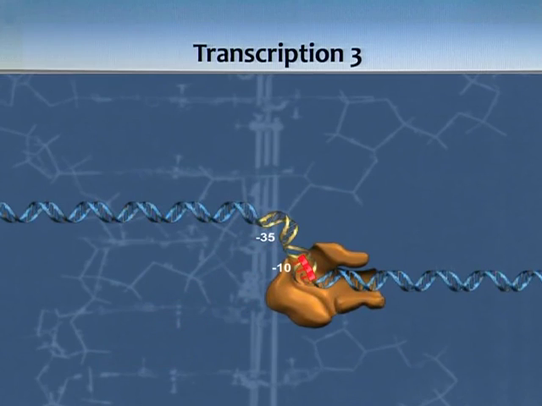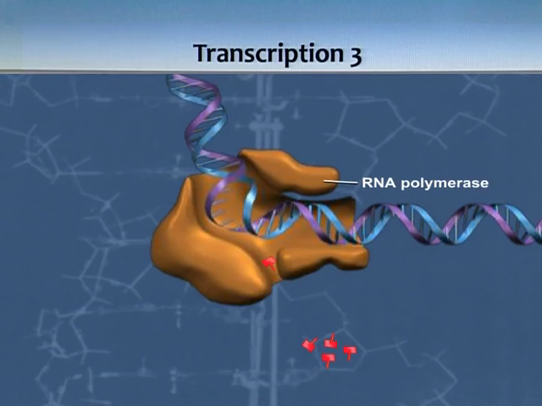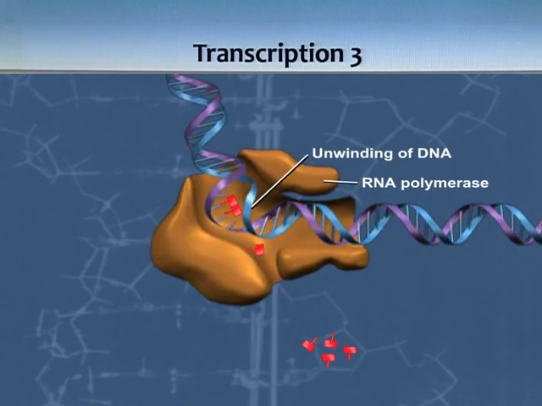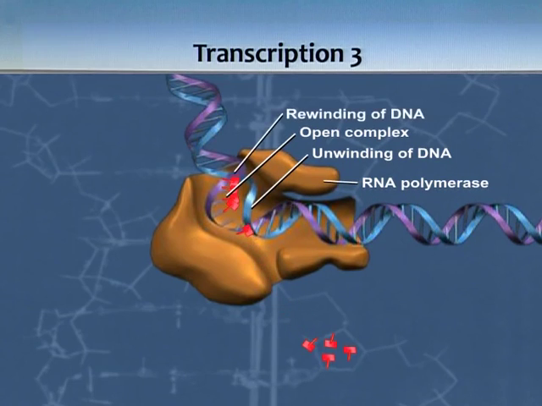As elongation of the transcript then continues, the RNA polymerase moves down the DNA molecule and the next sequence in the chain is opened up. As RNA polymerase moves down the DNA strand, the DNA molecule entering RNA polymerase unwinds, forming the open complex, while the DNA exiting RNA polymerase rewinds to form the double helix.